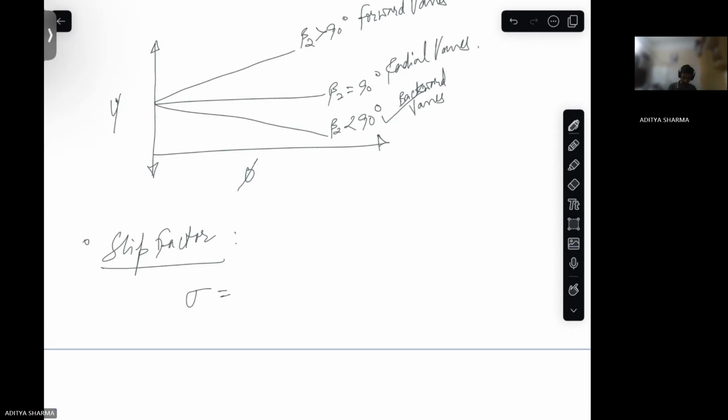Slip factor is denoted by sigma, and this is tangential velocity to this. So with respect to your U2, how much tangential velocity your fluid has gained, that is your slip factor. Okay.